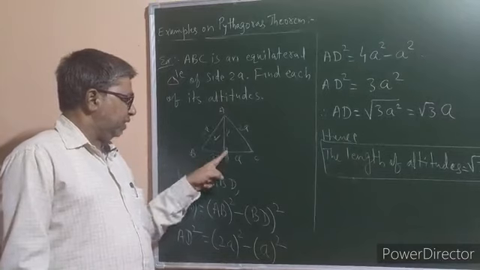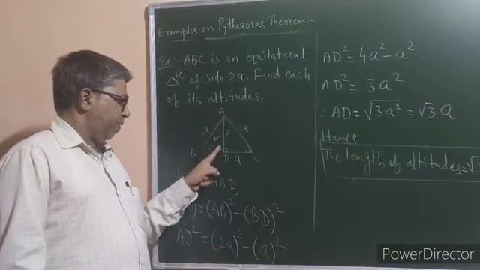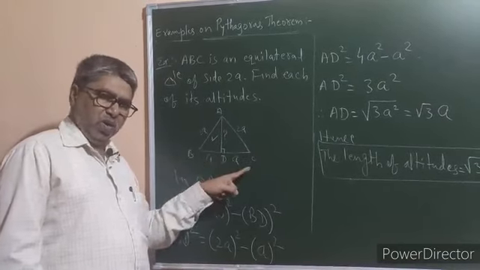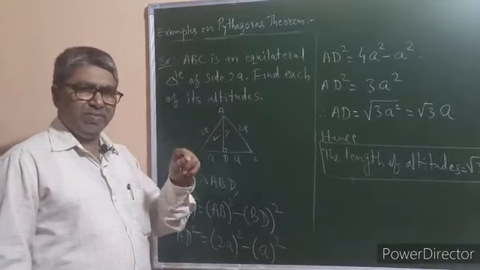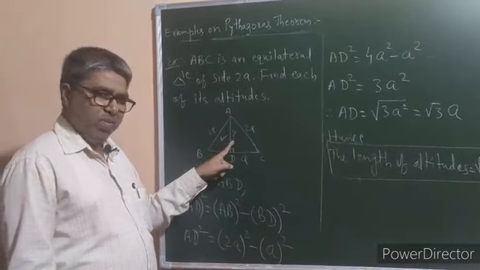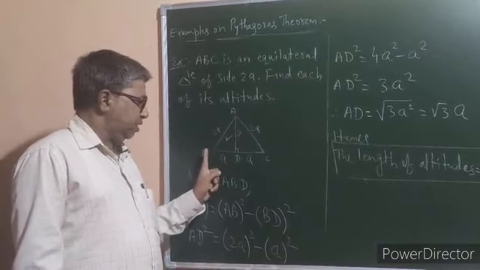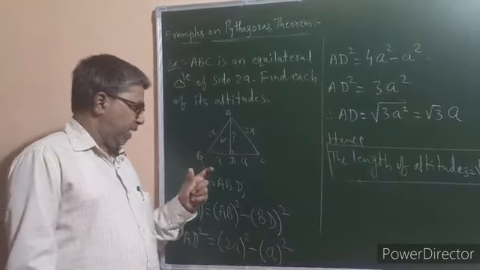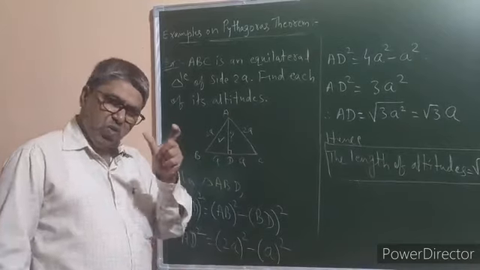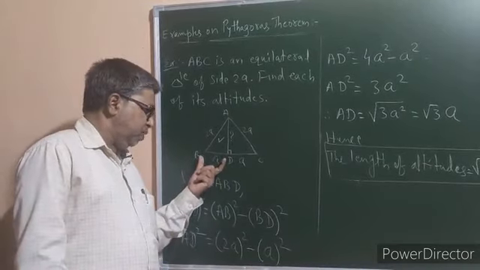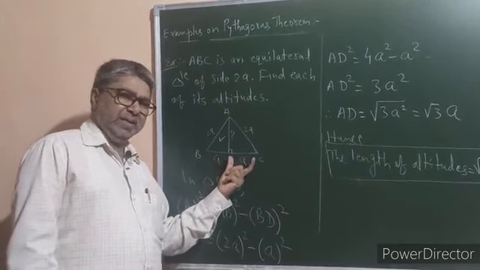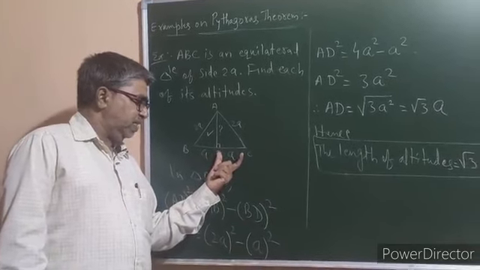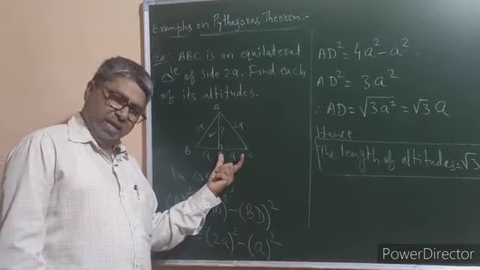Let us draw AD perpendicular on BC, and this AD itself is an altitude. Put a question mark here, and this altitude divides the base BC into two equal parts. The length of BC is 2a, therefore length of BD will be a, and at the same time length of DC will also be a.